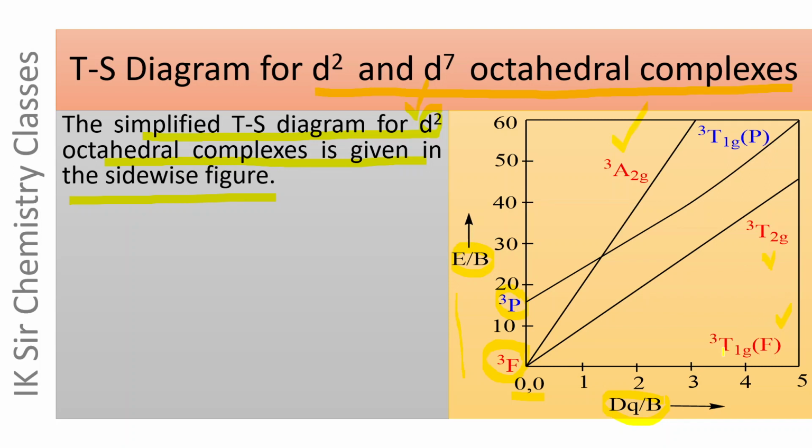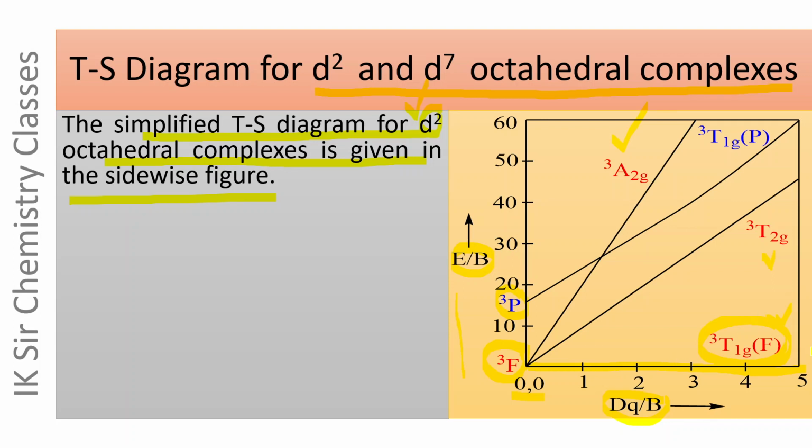Here triplet T1G has the lowest energy. It is the ground state and hence its energy is taken constant and it is taken on the abscissa, horizontal axis, that is x-axis.